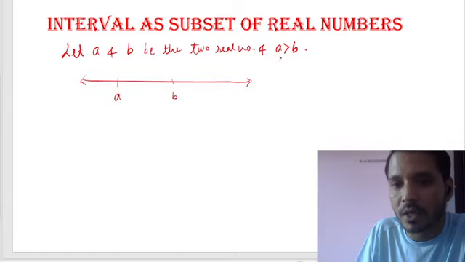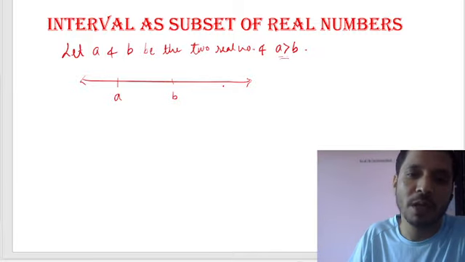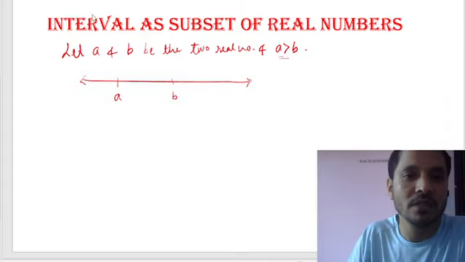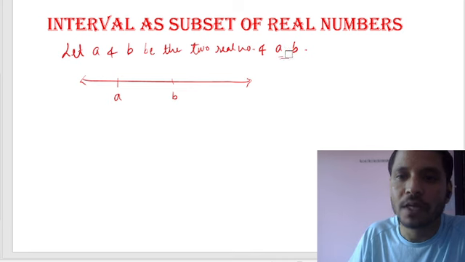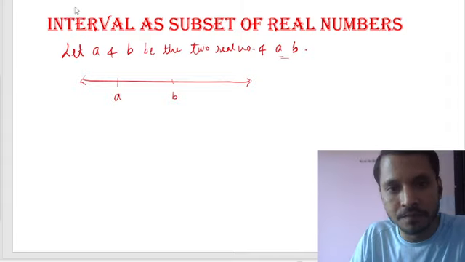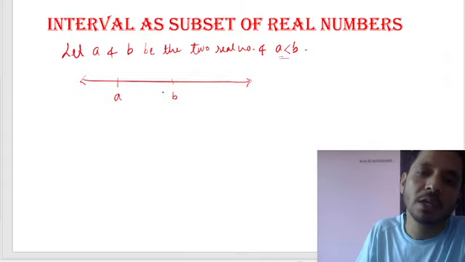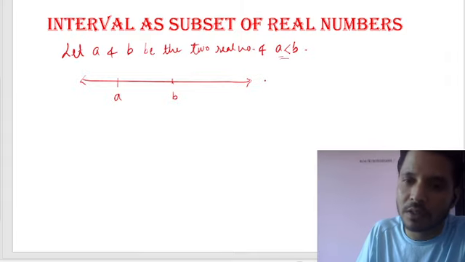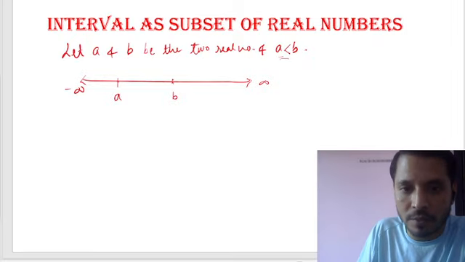Because of the condition we have taken, A is greater than B. Actually, if I write A like this, A should be lesser than B. Otherwise, we would have to write B first and then A. So I will change the sign: A is lesser than B. That means we can represent it on the number line like this. This is plus infinity and this is minus infinity. This is the point A and this is the point B.